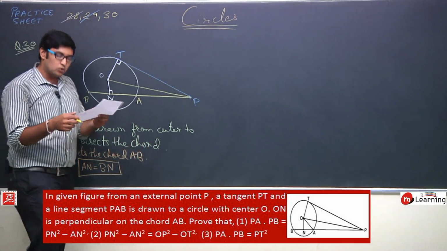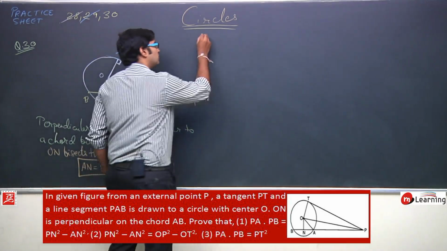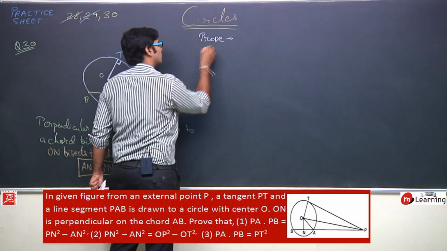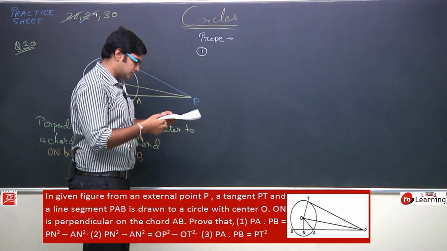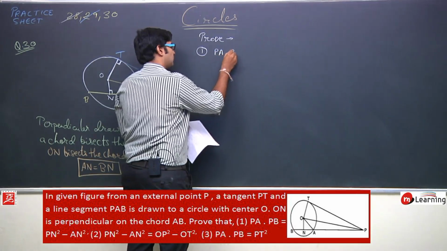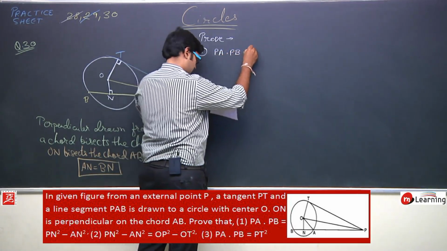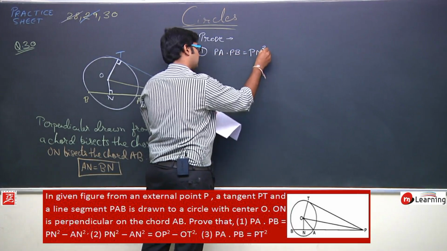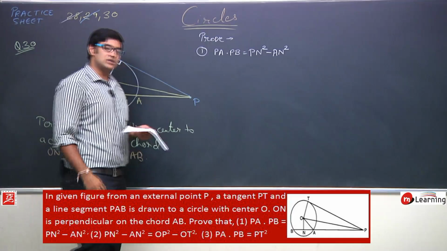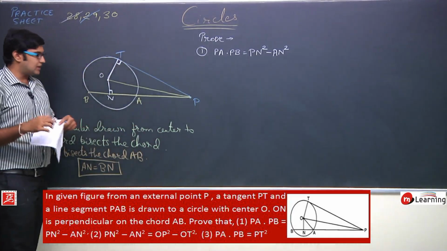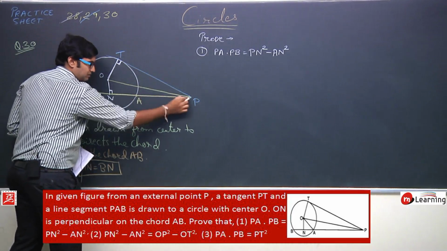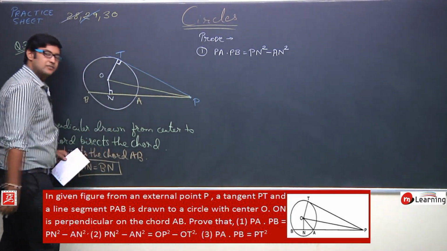Now it says prove that. So we need to prove, first, that PA into PB is equal to PN square minus AN square. Now what is PA? PA is this line.